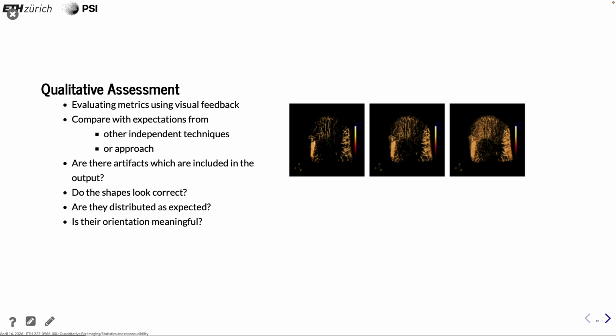Also, do the shapes look correct? Are they distributed as expected? Is the orientation meaningful? These are often the things that we want to check before we start the quantitative analysis, just to make sure on a few samples that, okay, it makes sense. But then we go on doing the heavy analysis.